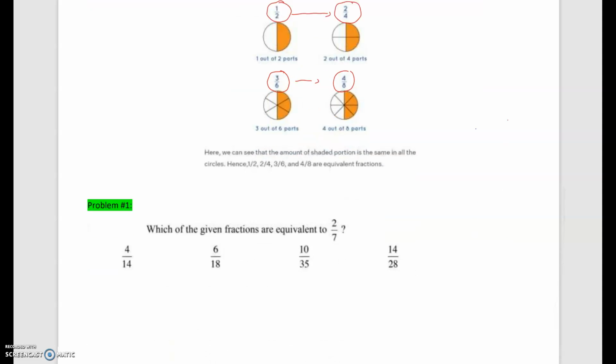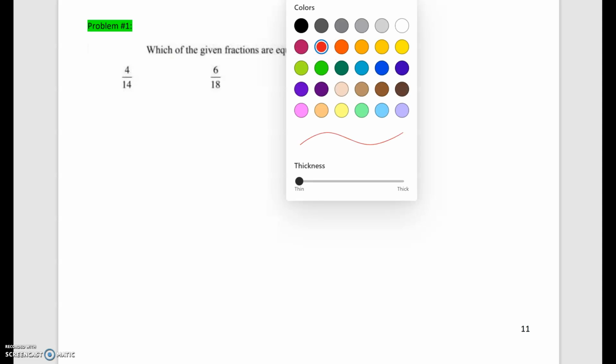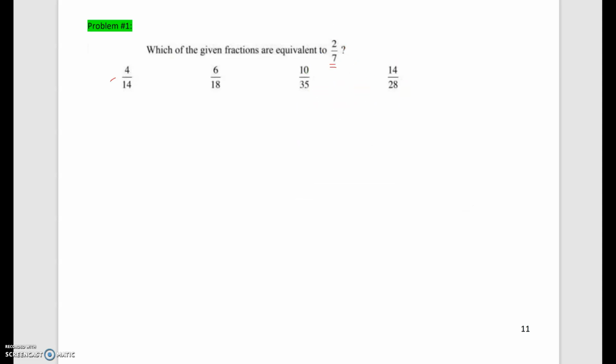Okay, let's take a look at the first problem. They're asking us to see which of the following fractions are equivalent to 2/7. Now, we don't have the sketches here, so what we want to do is basically reduce the fractions and then see which of these give us 2/7. So for example, 4/14, you can express this as 2 times 2 over 2 times 7.